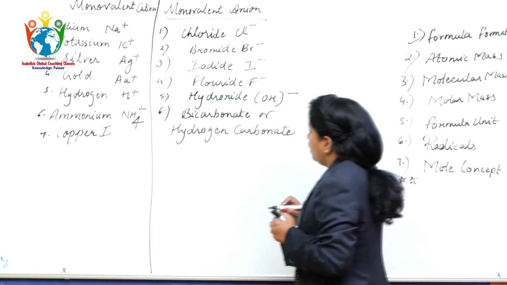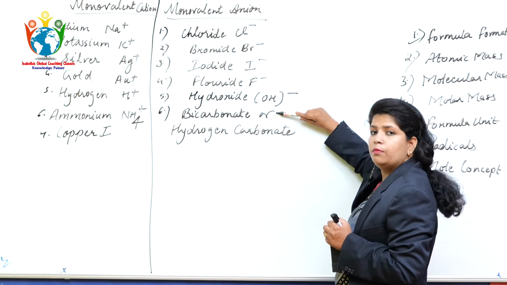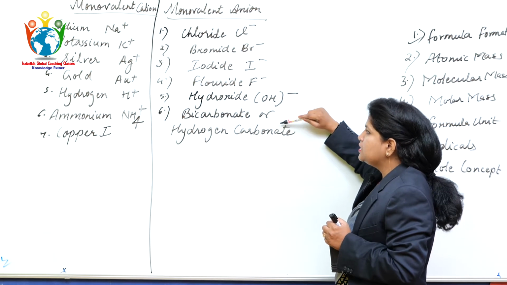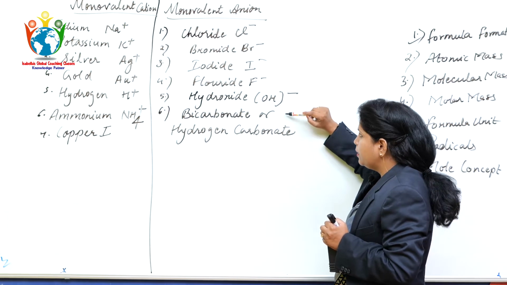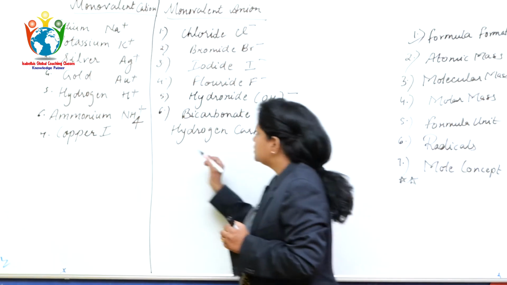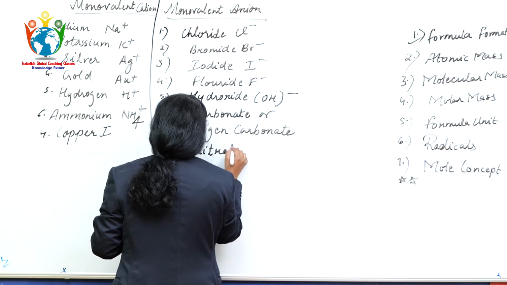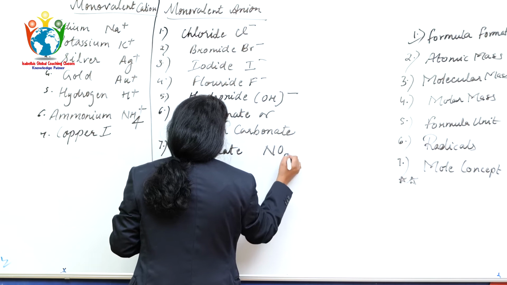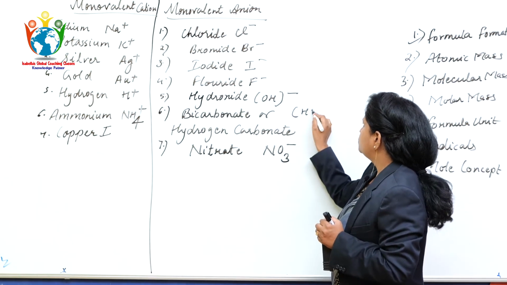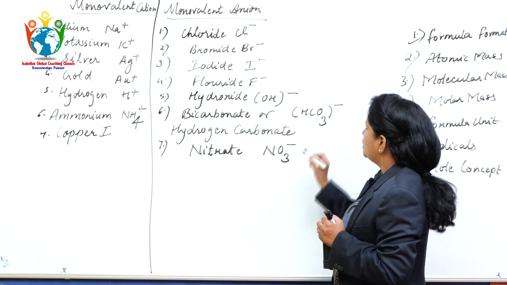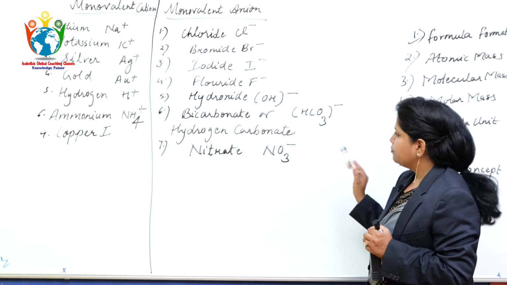You can see I have written OR. Bicarbonate, other name is hydrogen carbonate. Please, if a question comes, remember these are the same things. Seventh, nitrate, NO3 minus. I have not written the formula for bicarbonate yet: HCO3 minus. The bicarbonate formula is this, and the hydrogen carbonate formula is this too.